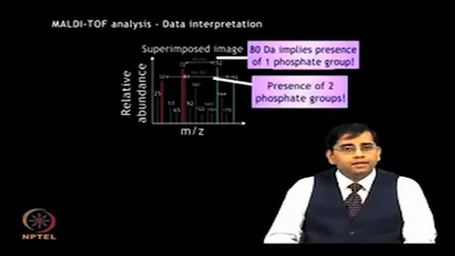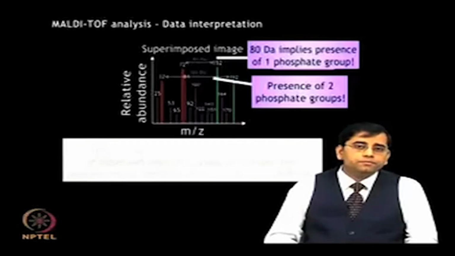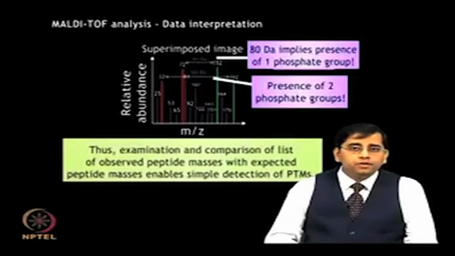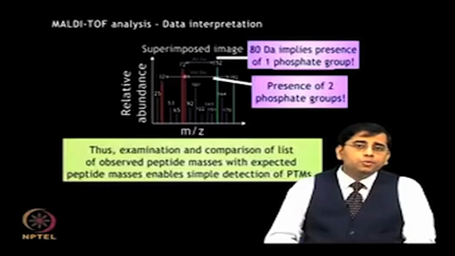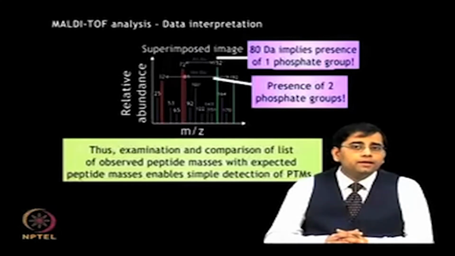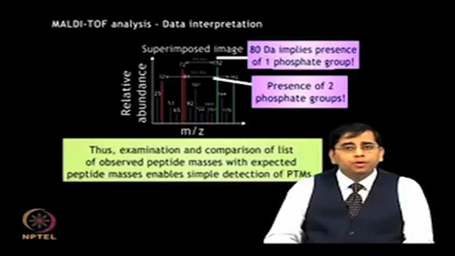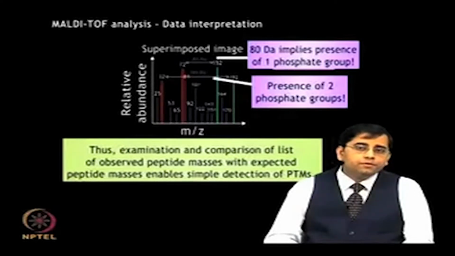In this hypothetical example, two peptide fragments are found to have different m/z values, differing by 80 Daltons and 160 Daltons. It is known that the added mass of a phosphate group causes an increase in m/z of 80 Daltons. Therefore, this principle of mass difference enables the detection of modified fragments.